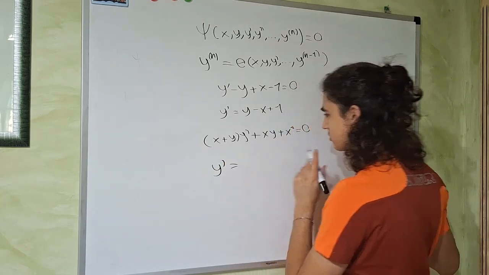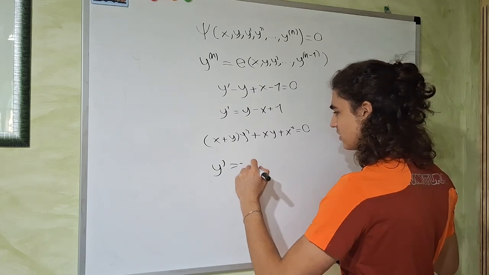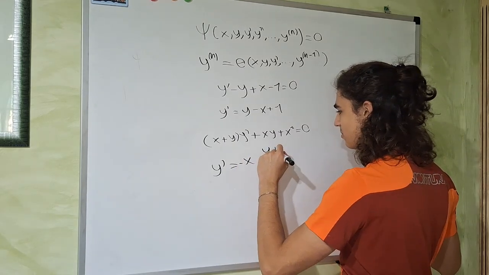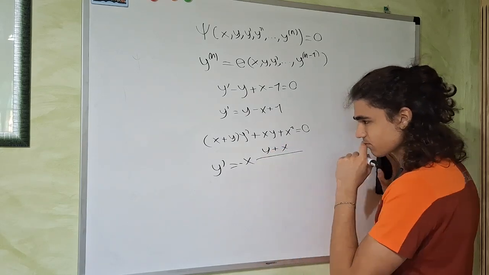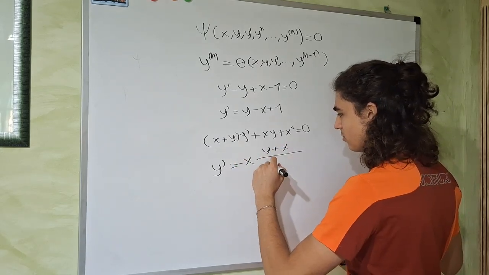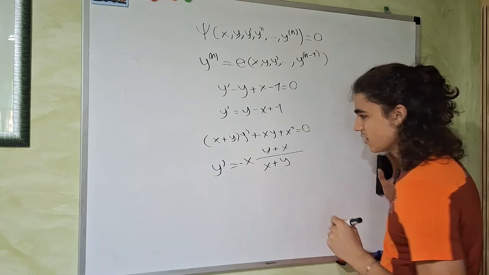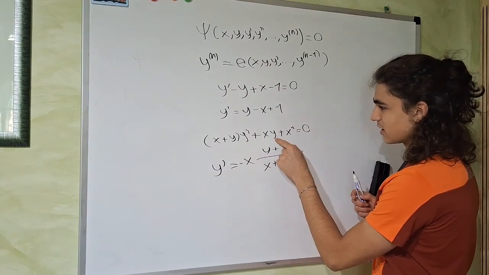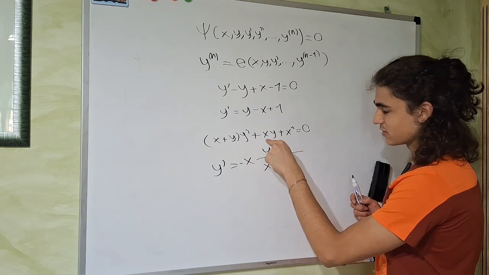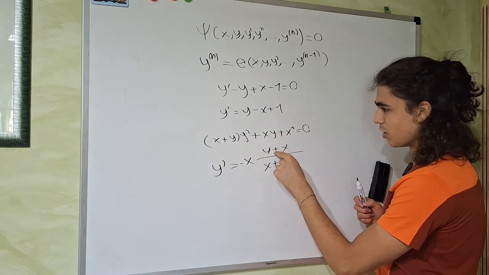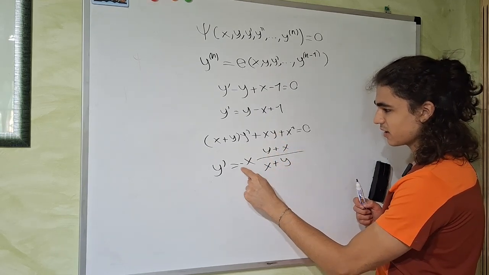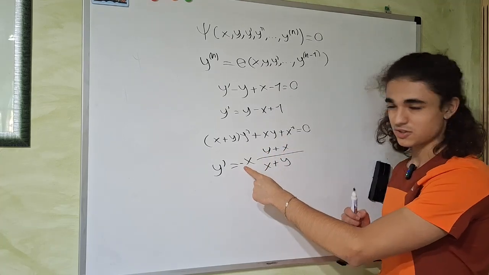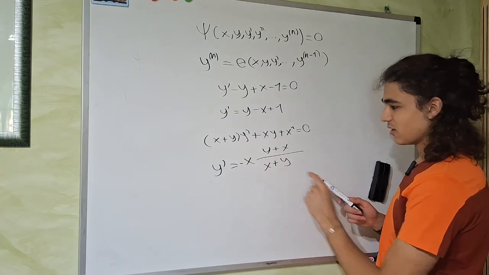Y prime equals minus x, y plus x over x plus y. As you can see, the numerator is xy plus x squared. I can factor out x, and I get x times y plus x, and the minus sign is there because this is plus on one side, so on the other side of the equation it's minus, divided by x plus y.